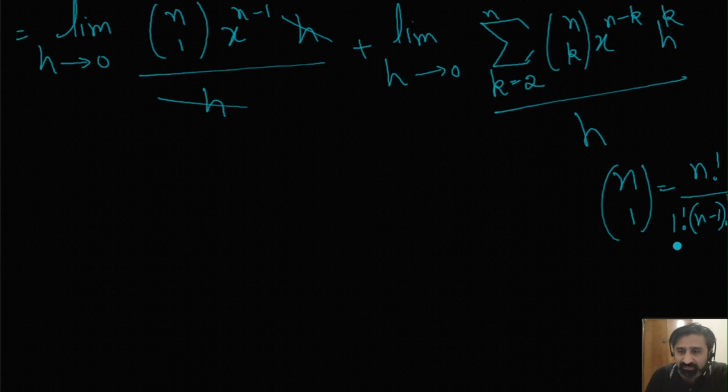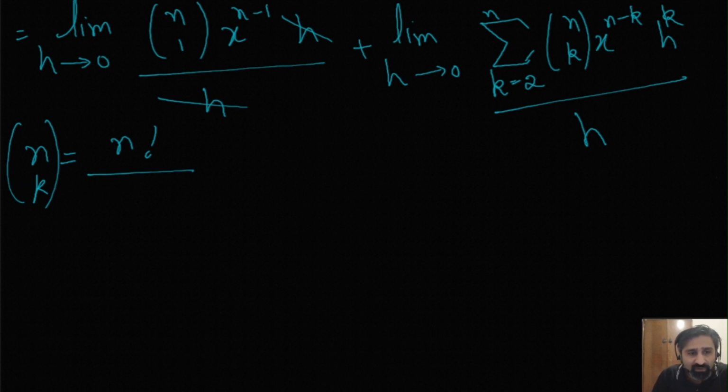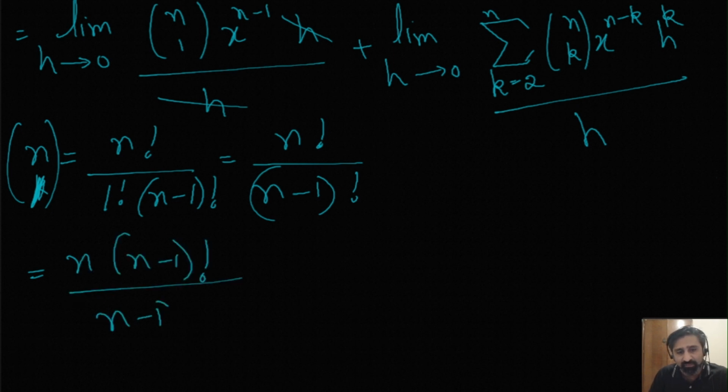We are trying this in Kannada, this term which is nothing but n factorial by 1 factorial into n minus 1 factorial. n factorial is nothing but n into n minus 1 factorial, which is divided by n minus 1 factorial.